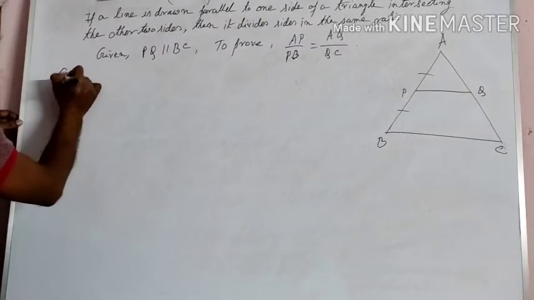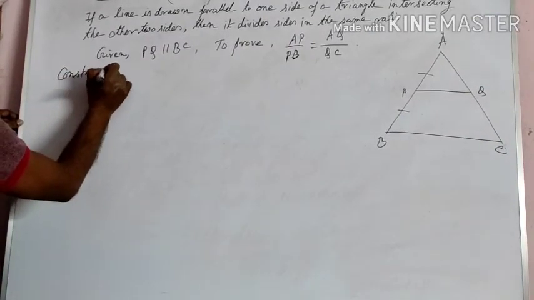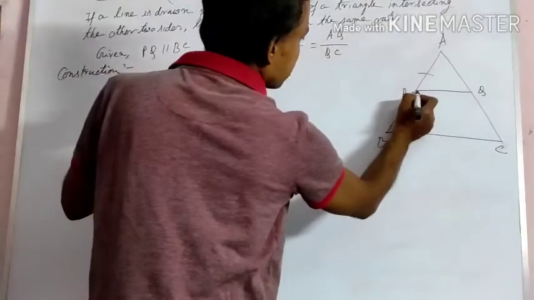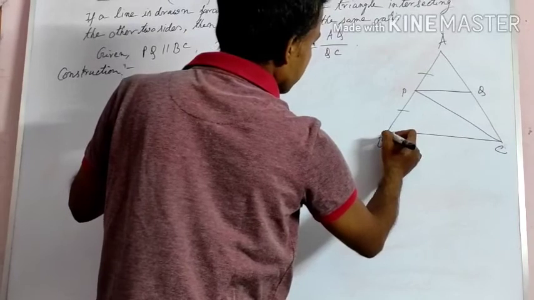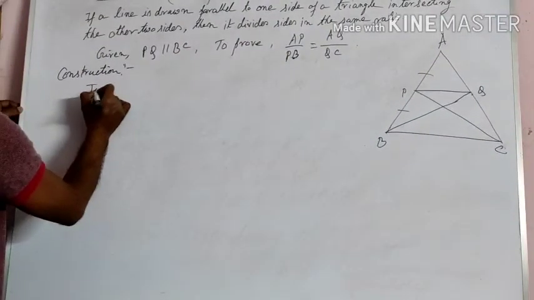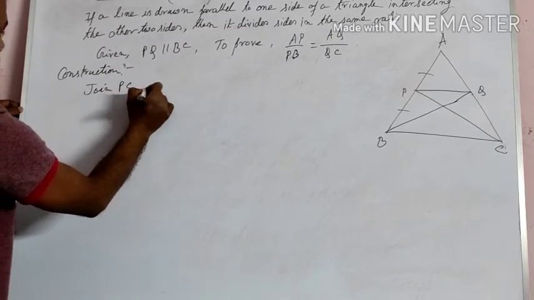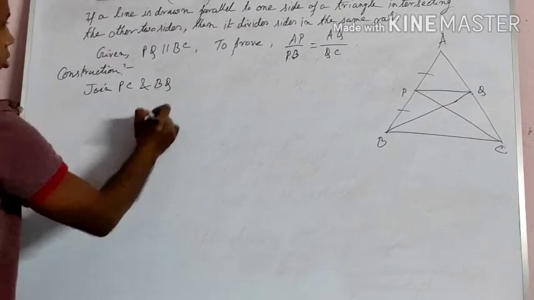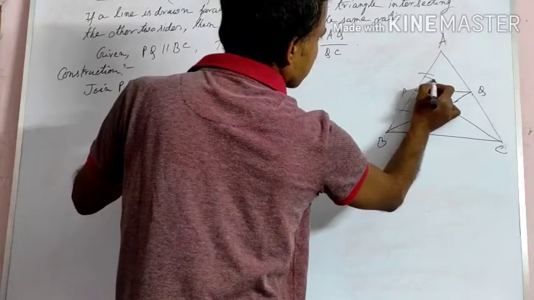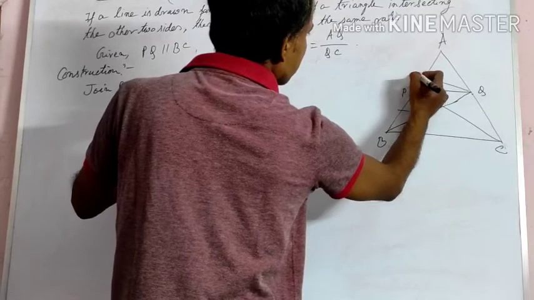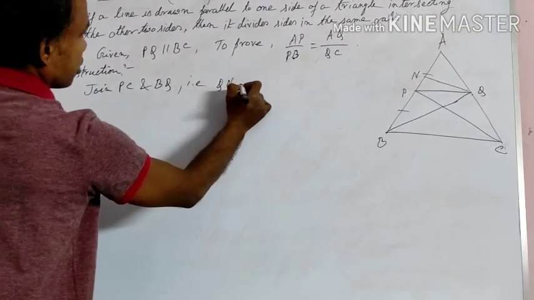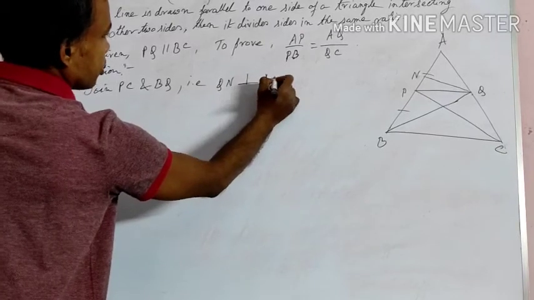Construction: let us join PC and BQ, and draw a perpendicular QN on AP, that is, QN is perpendicular to AP.